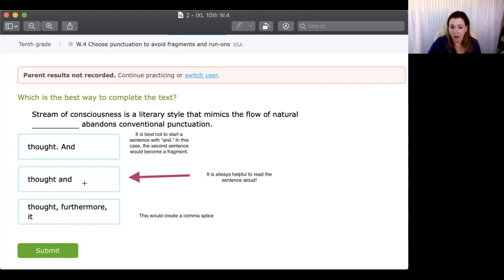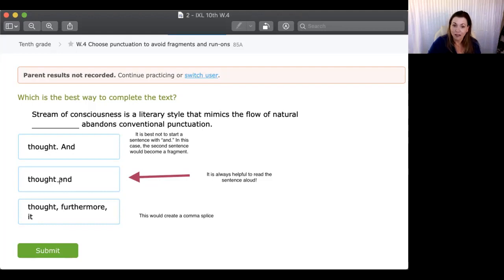This one does, though. Stream of consciousness is a literary style that mimics the flow of natural thought and abandons conventional punctuation. Why don't we need a comma in front of that and? Didn't we just have a lesson that discussed that? Well, we don't put a comma there because we're listing 2 things.